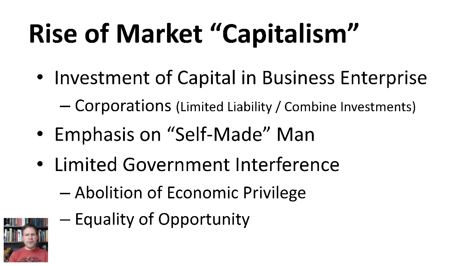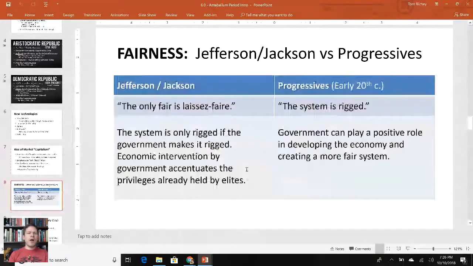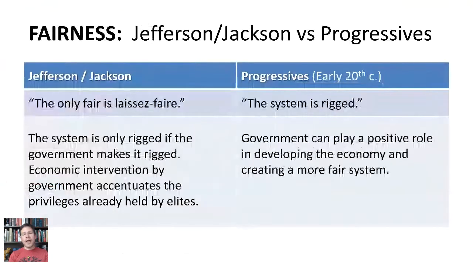Whereas when you think about the rise of corporations, that's something that is very Hamiltonian. But as far as the view of what the economy should be and what is fair, Jefferson and Jackson is really taking over the Jeffersonian positions here.